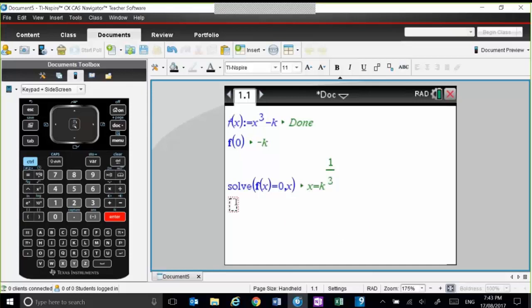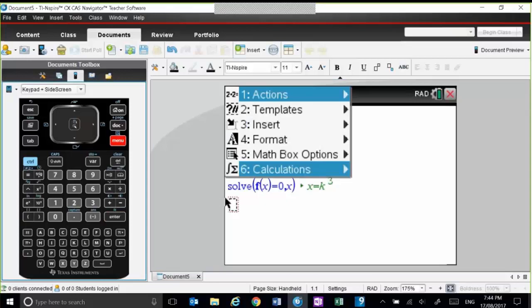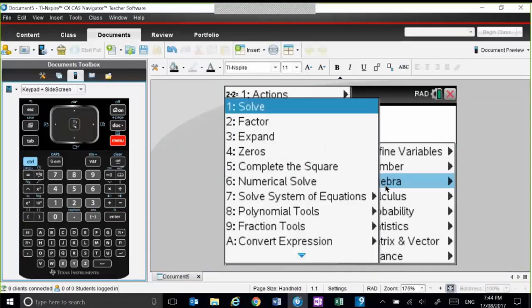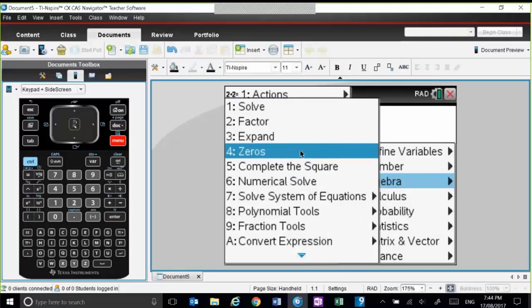Now, I would also remind you we don't necessarily have to use solve. There's a few different ways we could do this. Another command could be to use zeros instead. So where would we find zeros? It's under the algebra menu again, but as you can see, it's option number 4.